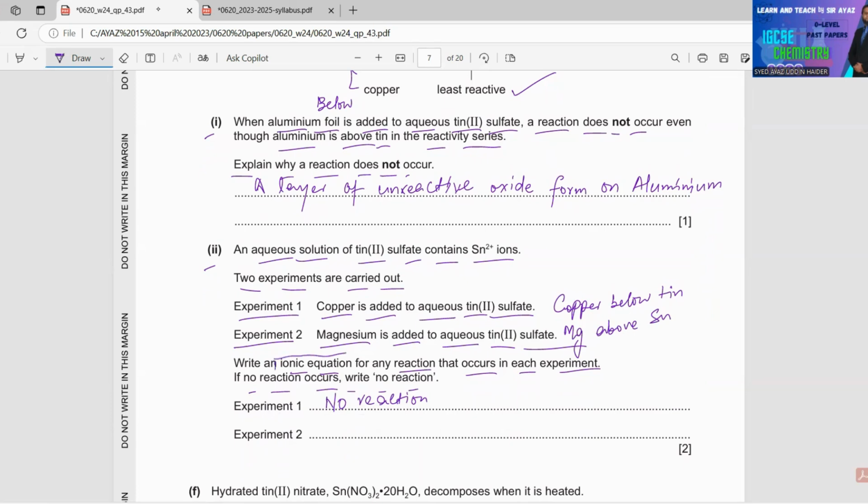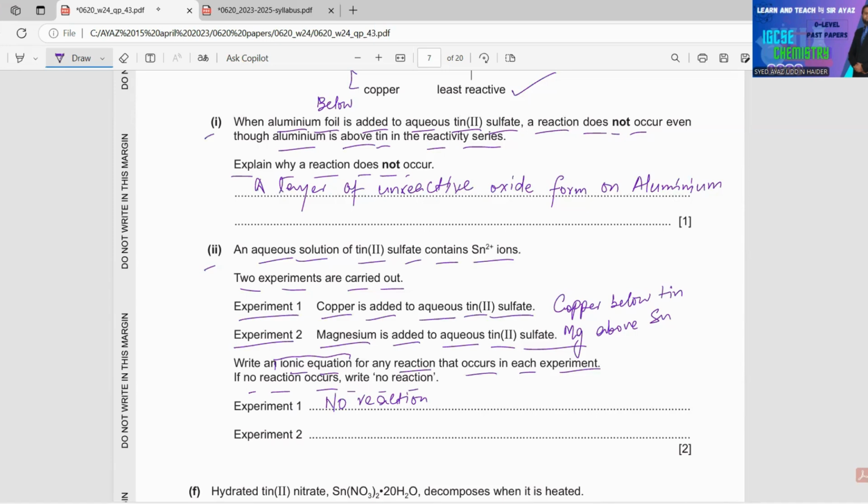In the ionic equation, you have to cancel out the common ions, which are known as spectator ions. Magnesium, during its displacement reaction with aqueous tin(II) sulfate, forms magnesium sulfate and tin. Sulfate is the common ion or spectator ion on both sides of the equation, so we won't be having any sulfate ion in this ionic equation.